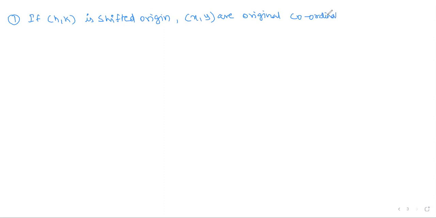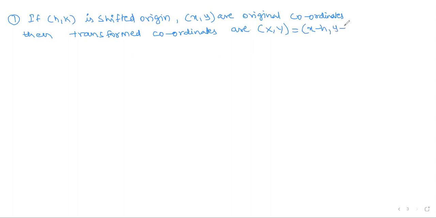First point: if (h, k) is the shifted origin and small x, small y are the original coordinates, then the transformed coordinates are capital X, capital Y equals small x minus h, small y minus k.